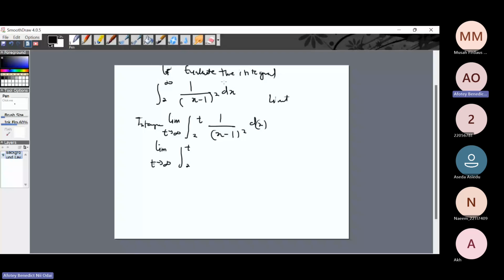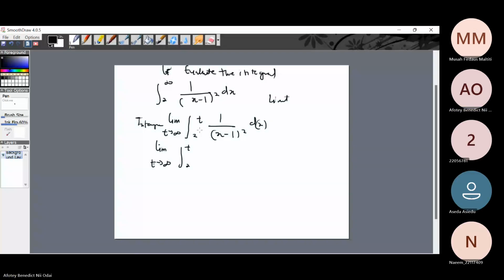Okay, so we can find the integral. Let's just write this. So this is the same as the limit as t approaches infinity of the integral from 2 to t of the function. It's simpler this way.